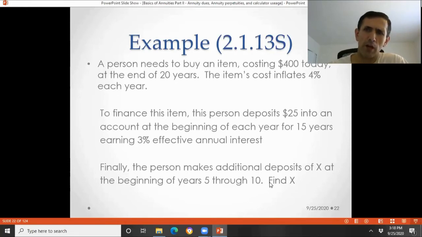Here I should mention that it's implicit that after these 15 years, the person is just leaving money in this account for the next 5 years, at which point the person will take whatever is in the account and use it to buy this item.